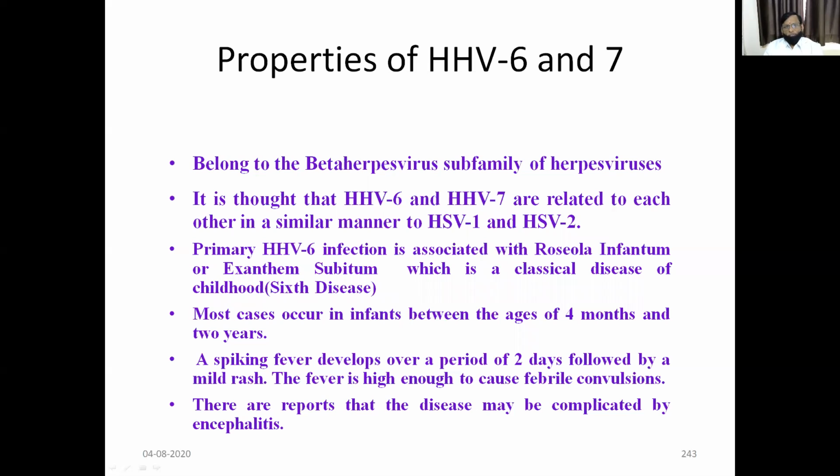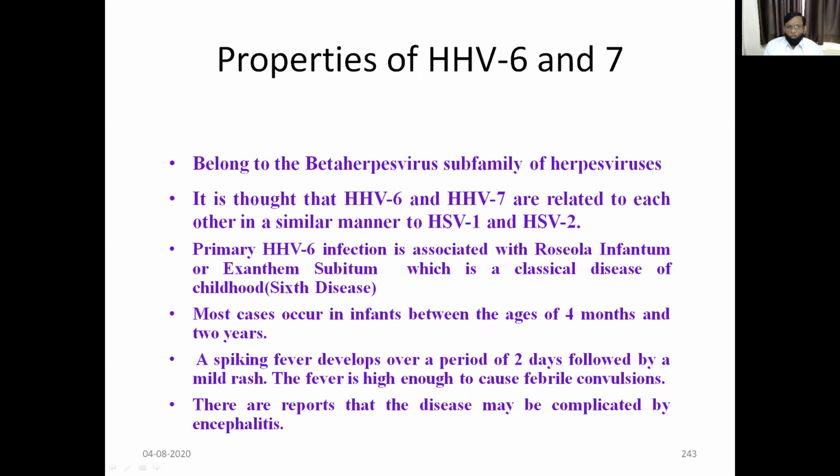Human herpes virus 6 and 7 belong to the beta herpes virus subfamily of herpes viruses. It is thought that HHV6 and HHV7 are related to each other in a similar manner to herpes simplex virus type 1 and type 2.